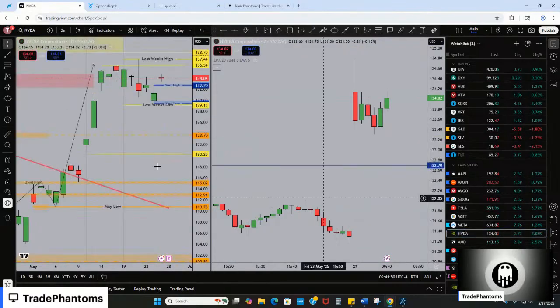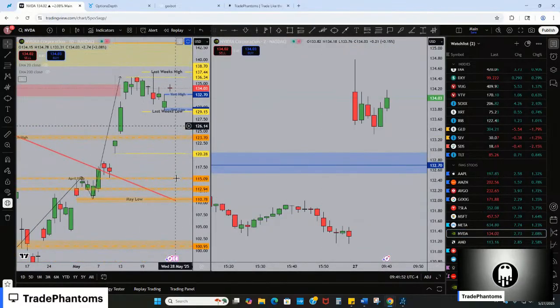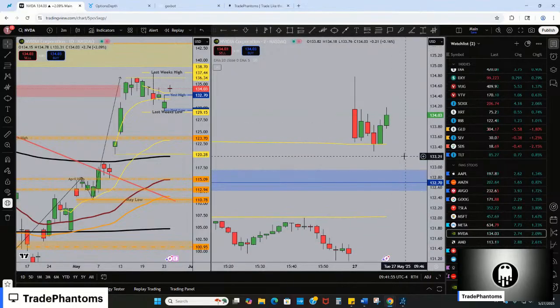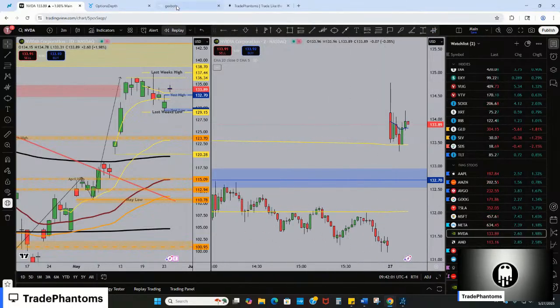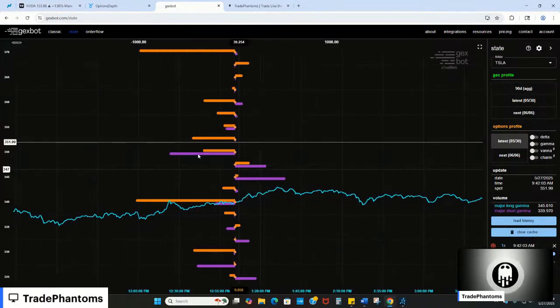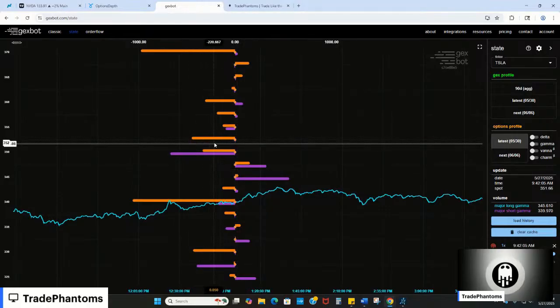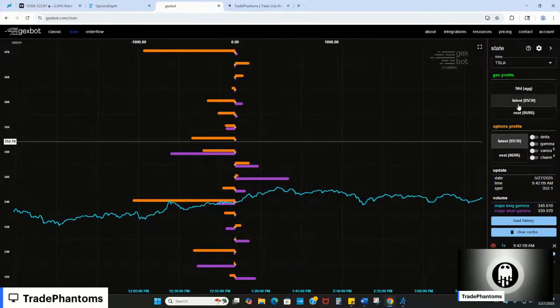Yeah, we got NVIDIA earnings coming up too. And looking at this Tesla, there's not much of a squeeze here, so that setup is not too great. But we'll see.